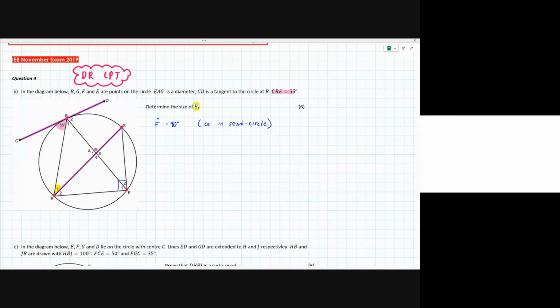Right, the next suggestion we have is that, lovely Morgan, CBE, so the 55-degree angle, is equal to angle F1 because of tan chord theorem. So remember, guys, I struggle to verbalize this theorem, and I don't know why.